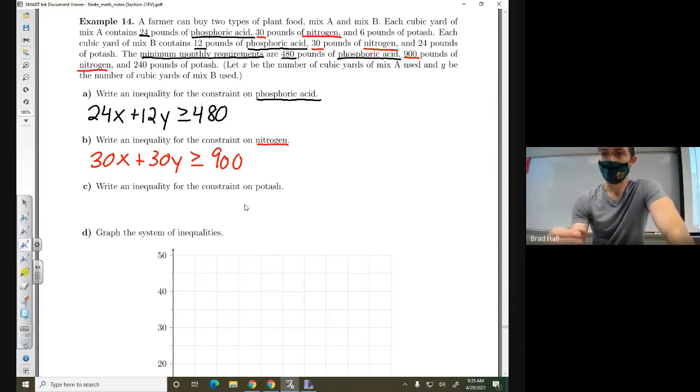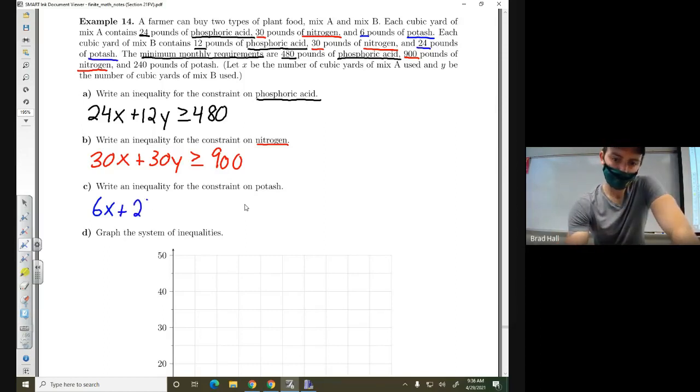Finally, we can move on to, I'm guessing it's pronounced potash. I'm not too sure. We have 6 pounds of it though, 6x. Keep reading to see 24 pounds for the next part. Minimum monthly requirement, same inequality symbol, and it says the minimum is 240.